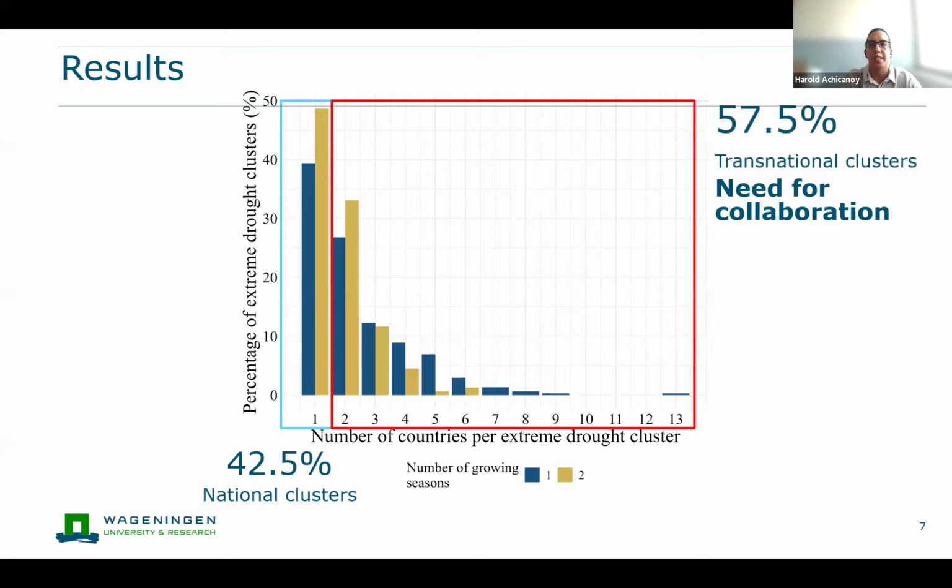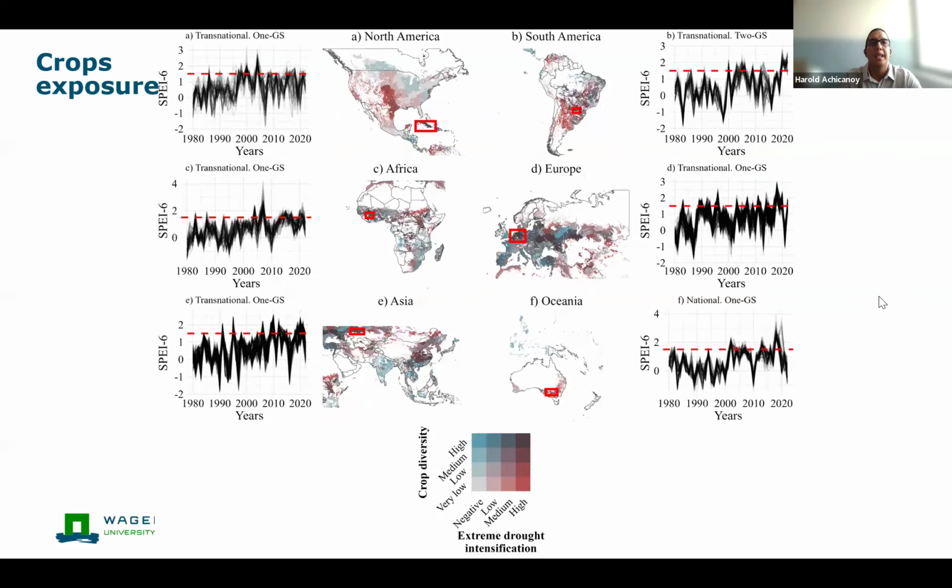But as you can see here, there is around 57.5% of transnational clusters. So that means that are clusters that are spanning over 2 or more neighboring countries. And it highlights the need for potential collaboration.